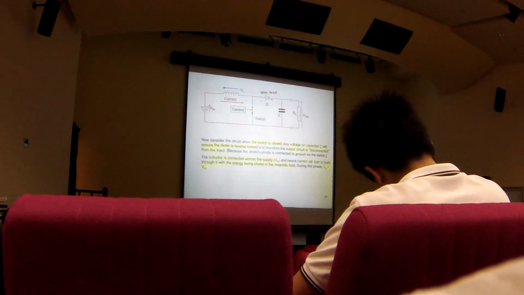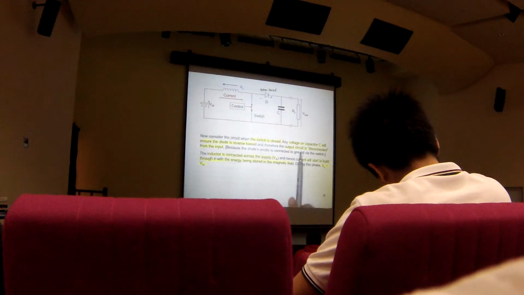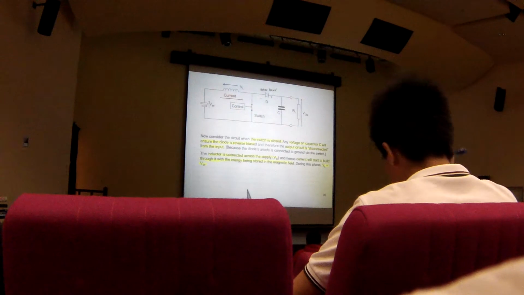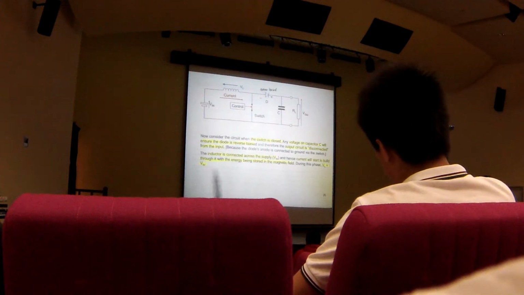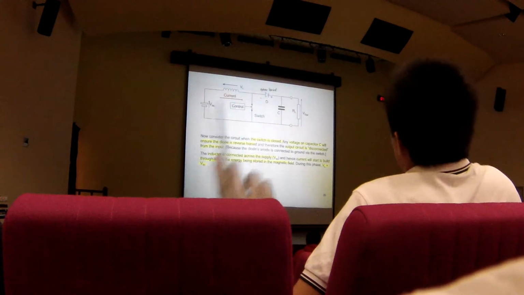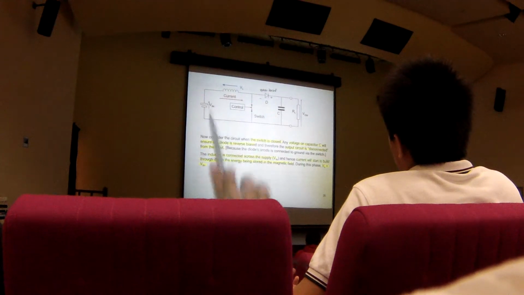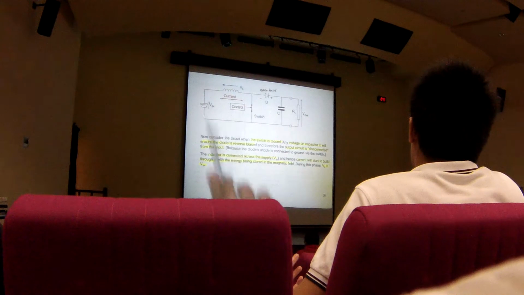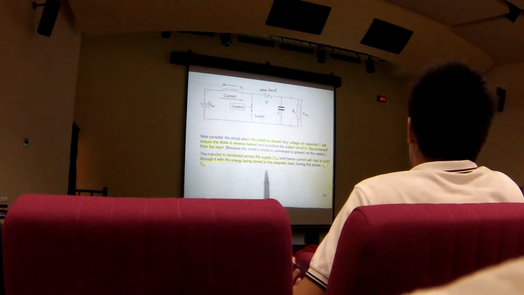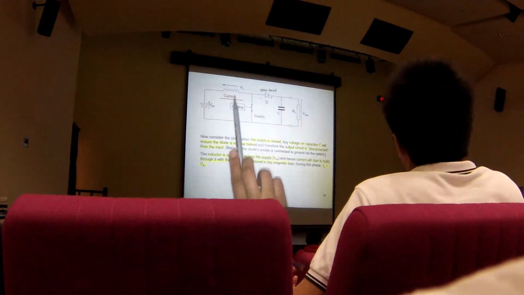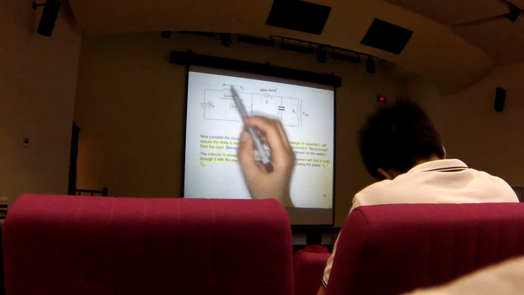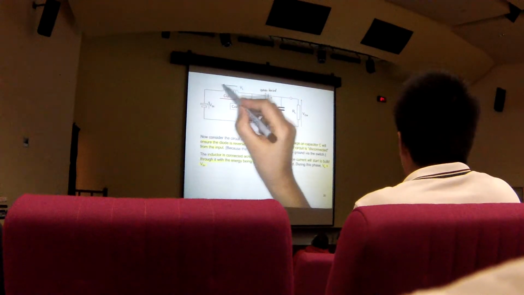Alright? Therefore, the output circuit is disconnected from the input when the switch is closed. Okay? And the inductor is connected directly to your V-in supply. Hence, the current will start to build up in the inductor and energy is being stored in its magnetic field. So during this phase, your voltage in the inductor is equal to V-in. Okay, but note that it's pointing in this direction.